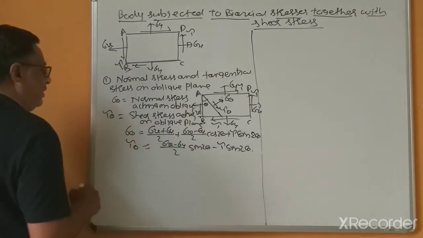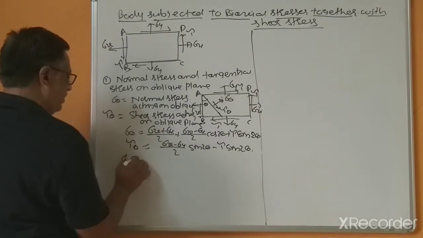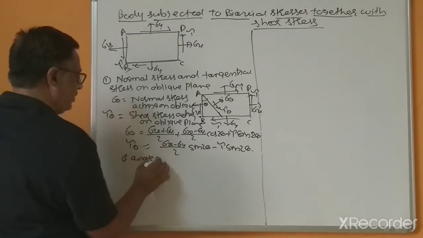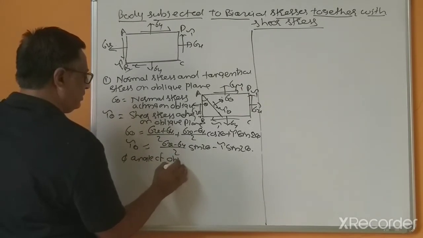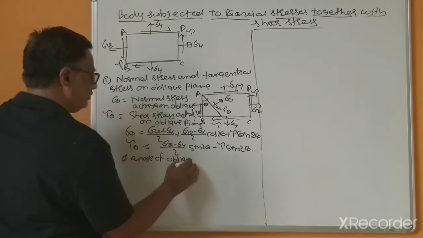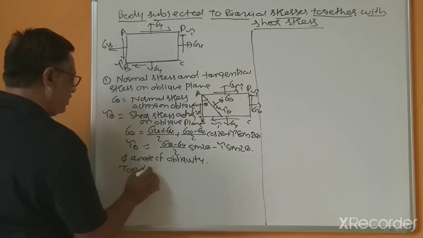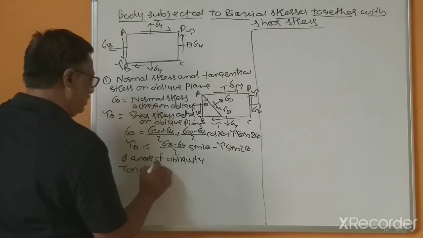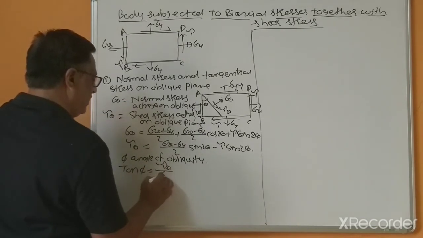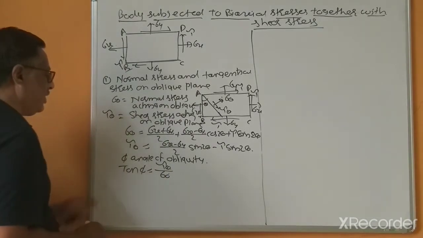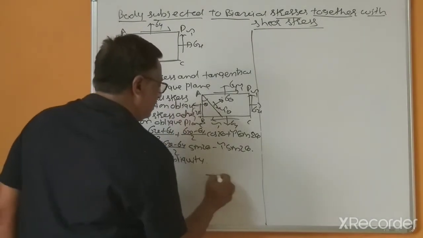Now phi is the angle of obliquity. So tan phi equals tau theta divided by sigma theta.